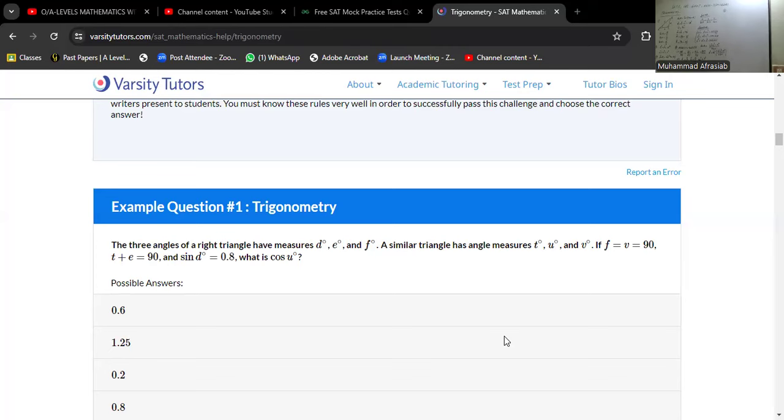What is the value of cos of U there? So you have seen in this case that cos of U, you are going to find out where the rest of the information is given.